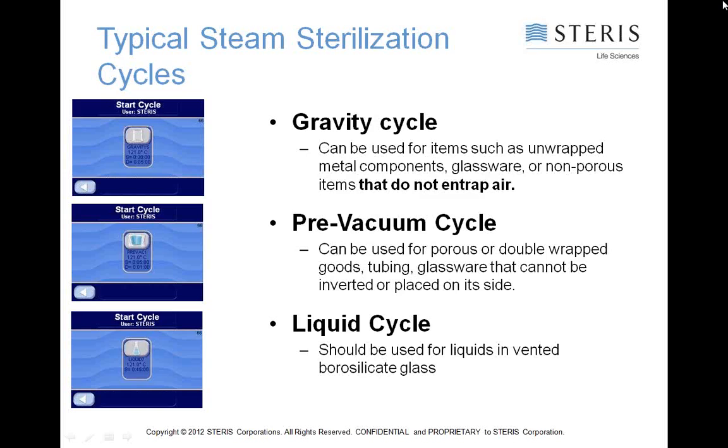And part of that is air removal. So if it's a gravity cycle, we're pushing it out with steam. If it's a pre-vacuum cycle, we're going to run pulses up and down to pull a vacuum and pressurize, and pull a vacuum and pressurize. All that is pushing air out.